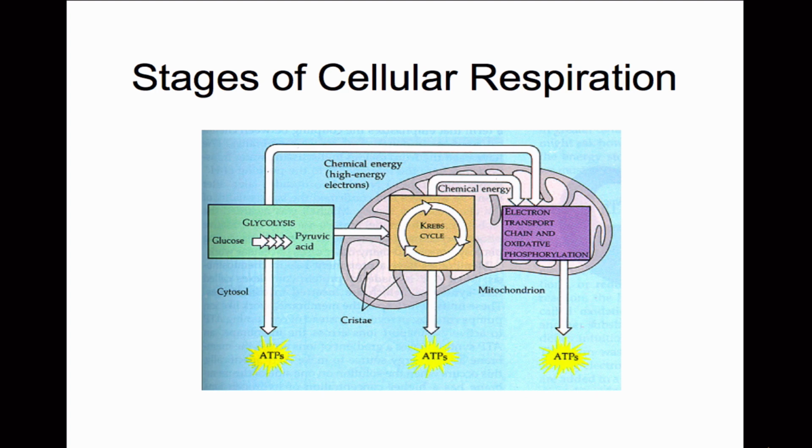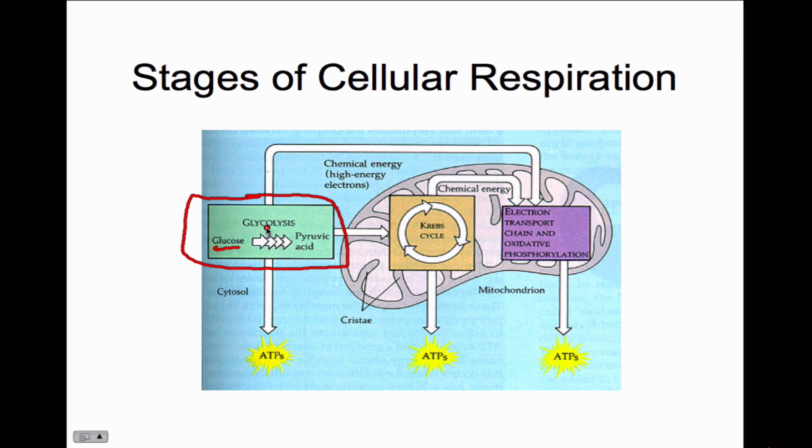The first one is called glycolysis, and that is indicated on this graphic right here. This is glycolysis, and it takes a glucose molecule, a sugar molecule. Our bodies break down food into sugar molecules, and then that sugar molecule is used in this process of cellular respiration.